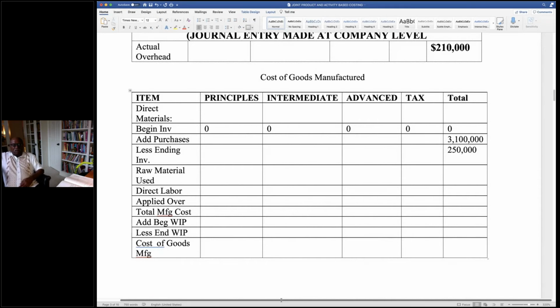But for the raw materials used, they each use a certain amount. So combined principals used $600,000 worth of paper and ink. So if you calculate your journal entries for the ink and the paper, you'll get 600.